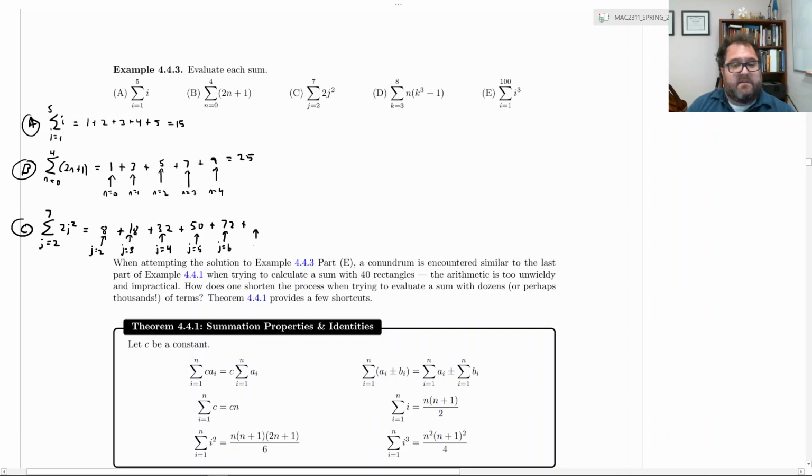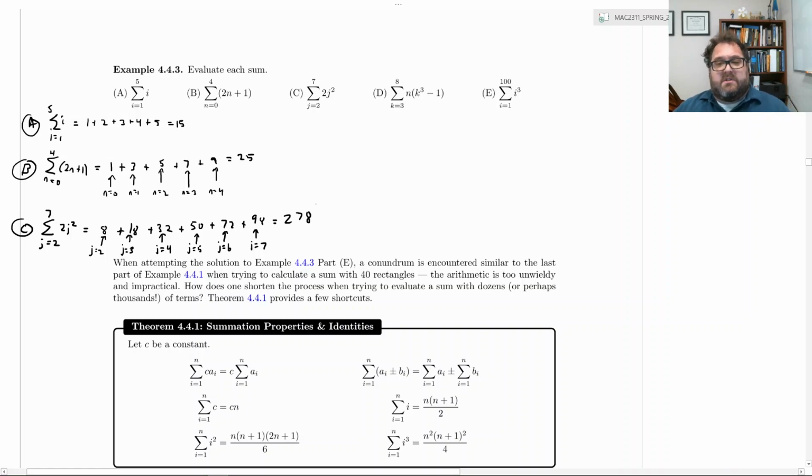And then we stop at the last term where j equals 7. 7 squared is 49, times 2 is 98. Now we just add up those terms. Here I'm going to make things go a little faster and use my calculator. 8 plus 18 plus 32 plus 50 plus 72 plus 98. We get 278.